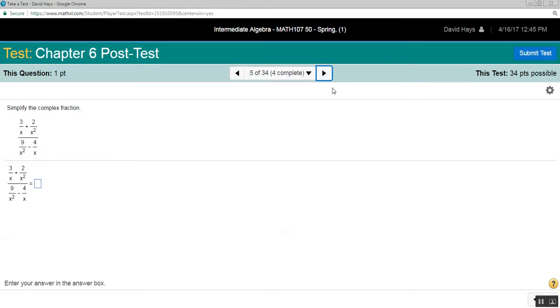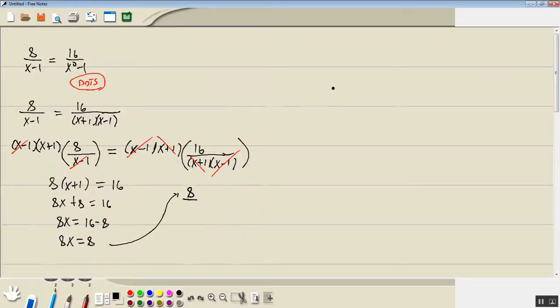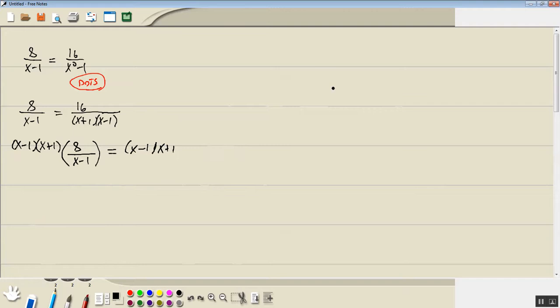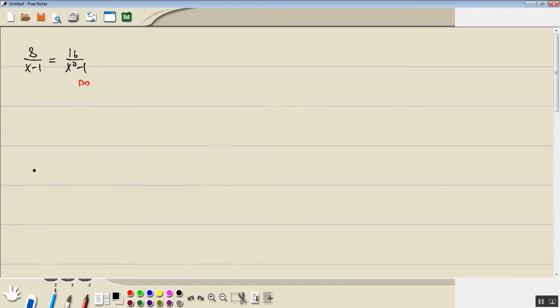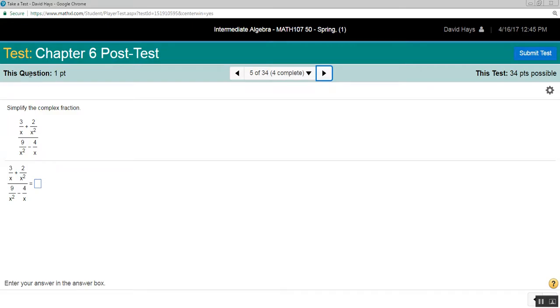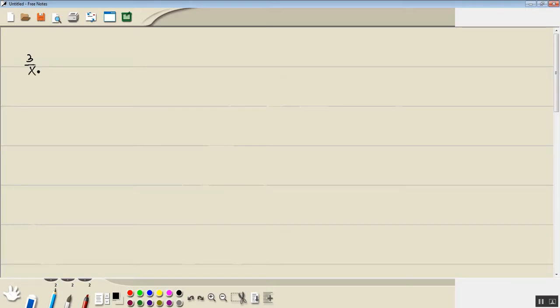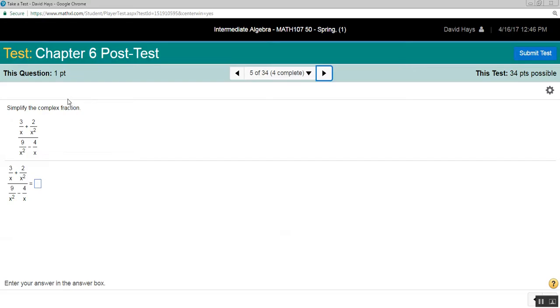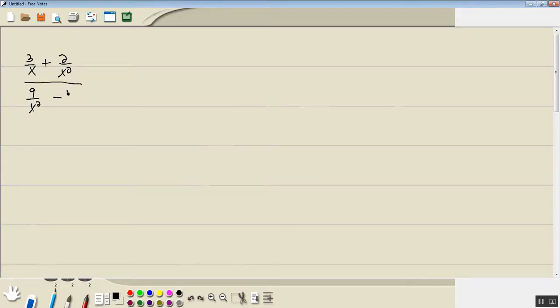Okay, let's take a look at this problem. We have 3 over x plus 2 over x squared, all over 9 over x squared minus 4 over x.